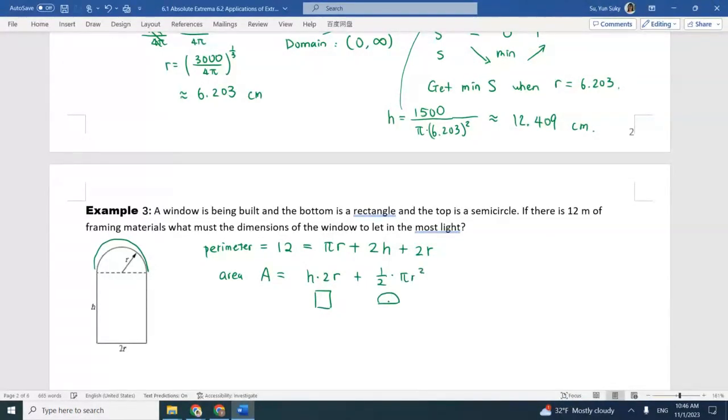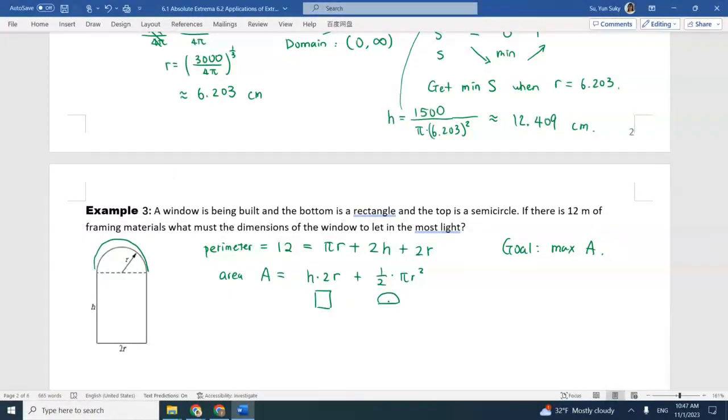Pi r squared. Yes, everybody? Okay, good. Now, our goal is to maximize the area. So set up the problem. So far, so good, everybody?